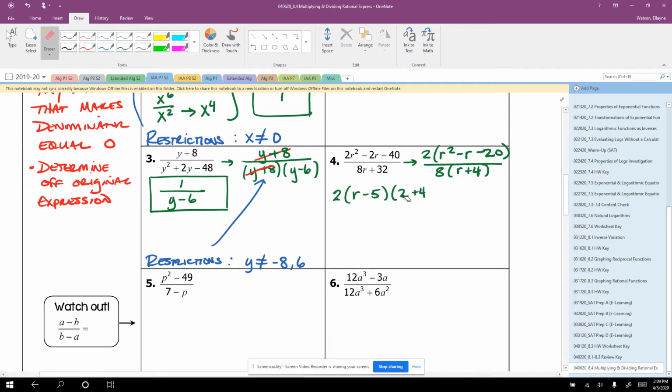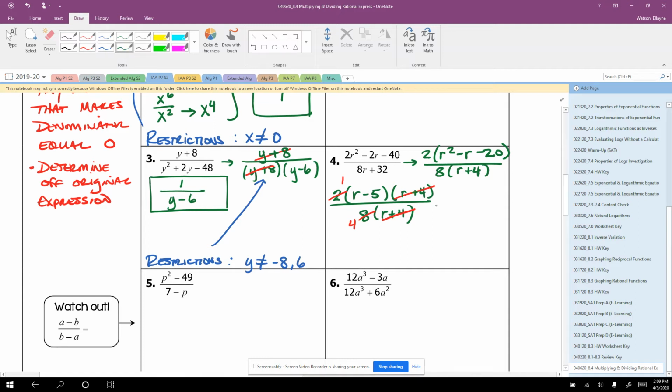Oops, that's supposed to be an r. And then the bottom stays the same. Okay, and then hopefully you cancel out common factors. The 2 divided by 2 and you get 1. 8 divided by 2 and you get 4.